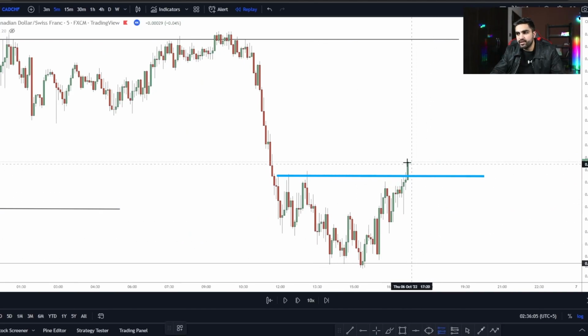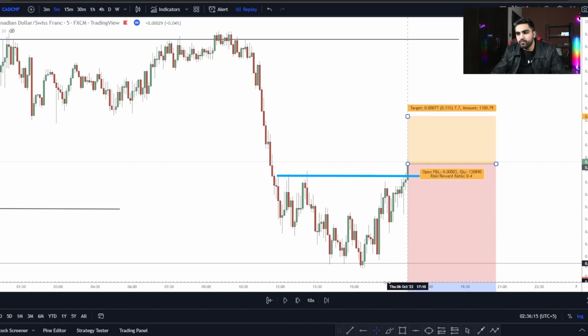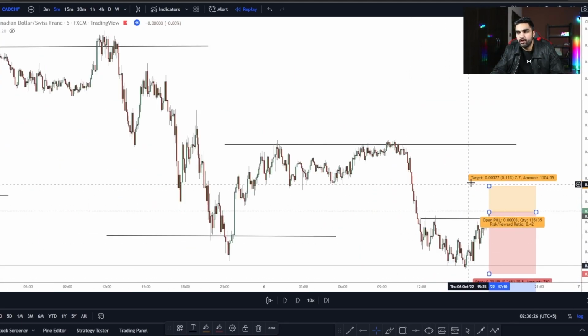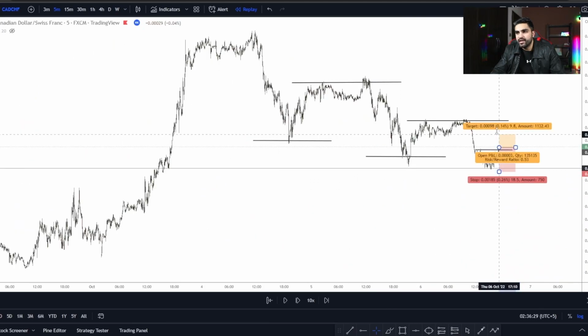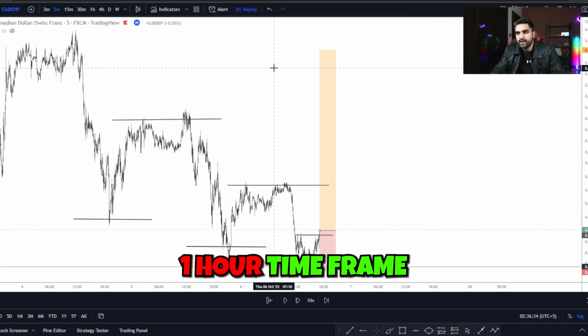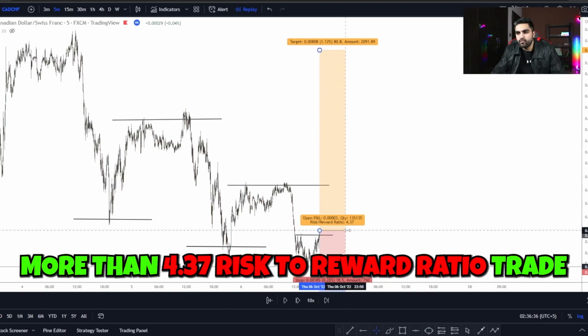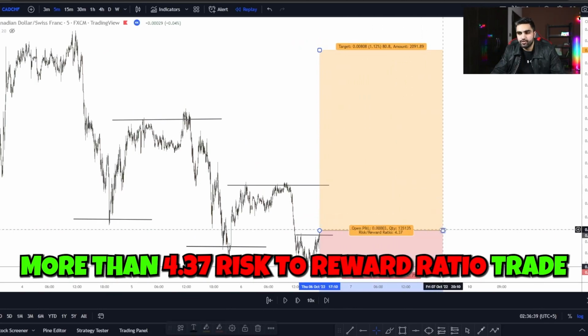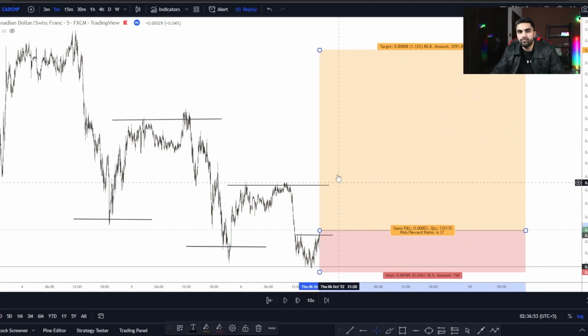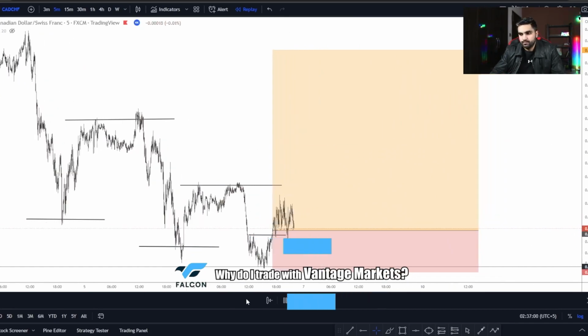We can simply take the trade after the market broke the previous resistance, and we need to put our stops lower than these rejections to give it a little bit of space. So in case we get another rejection, we won't get stopped out, and we're going to place our target right at the higher high from the 1-hour time frame, and it's going to be more than a 4.37 risk to reward ratio trade. So let's find out whether this trade will work out or not.